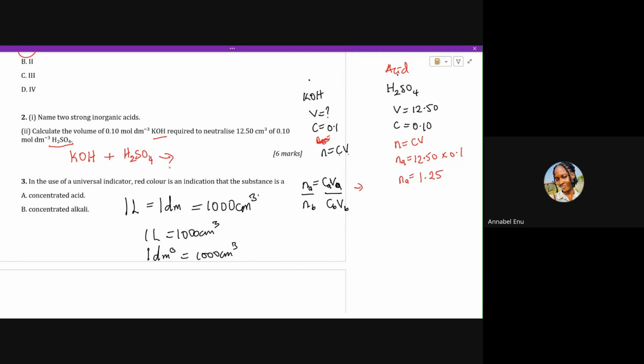So when we balance these two, first our salt to be composed of KSO4 plus H2O. Our equation is not yet balanced, so we have to balance it. Now I want to leave that to you people. You people should balance it for us.